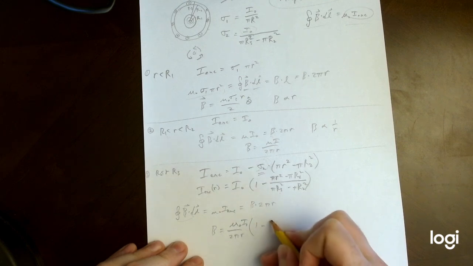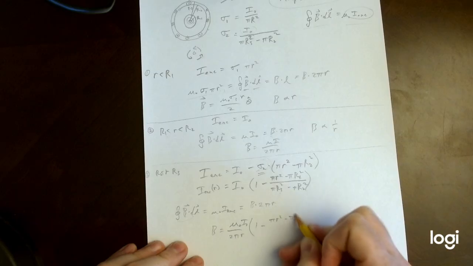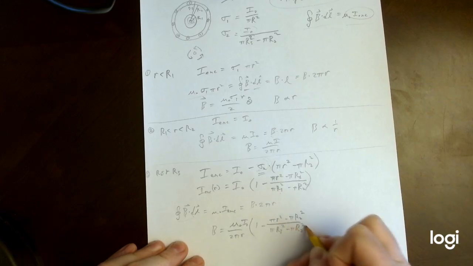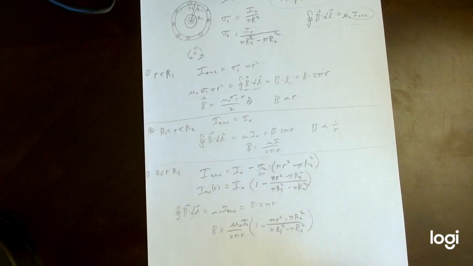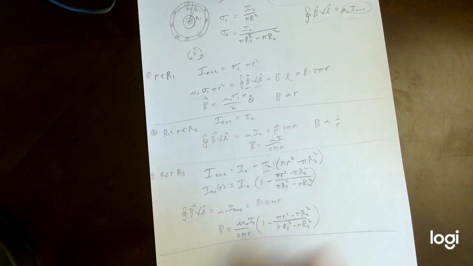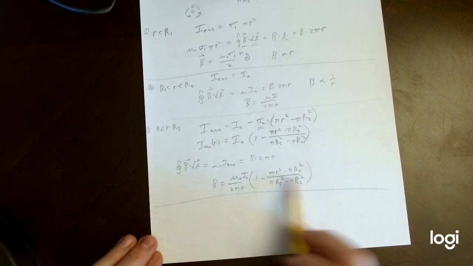We got 1 minus pi r squared minus pi R2 squared over pi R3 squared minus pi R2 squared, like that. And so this is a slightly more complicated version where we have a more complicated dependence on r here, and that is this third region.